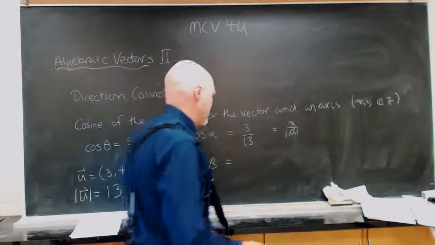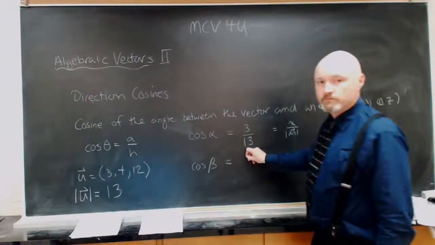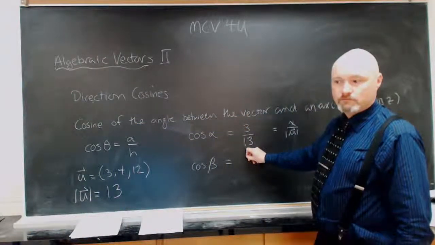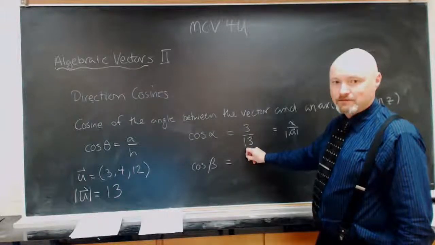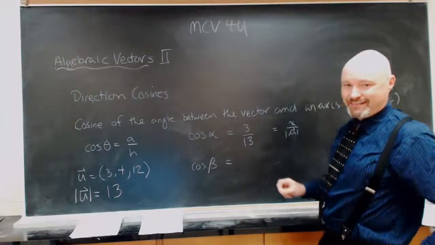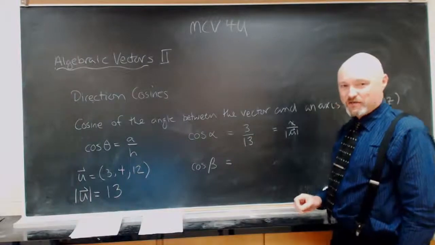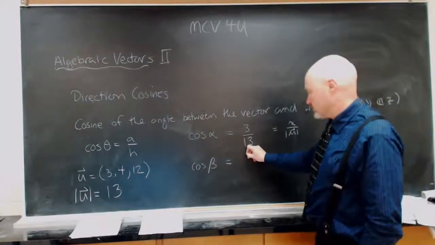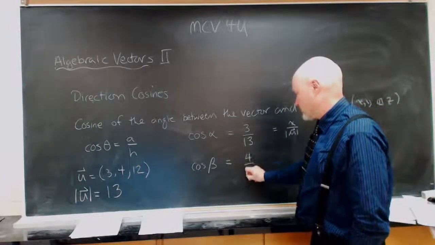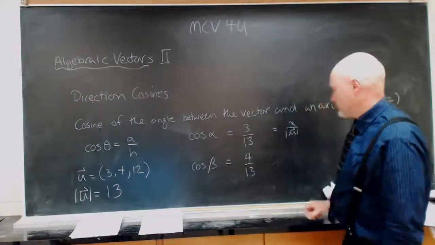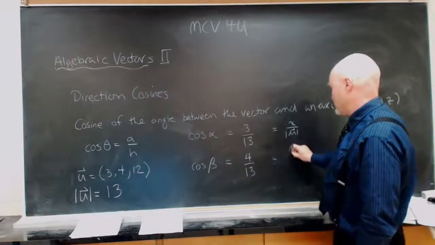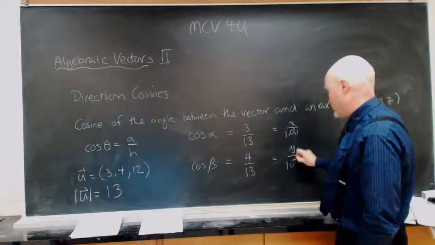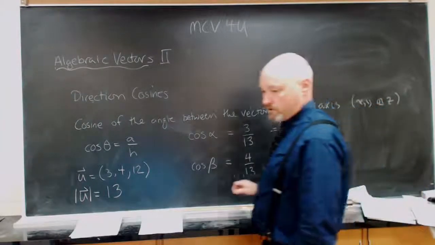So cos beta is 4/13. In other words, that's the y-coordinate over the length of u. Very good.